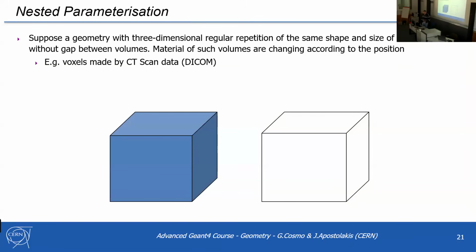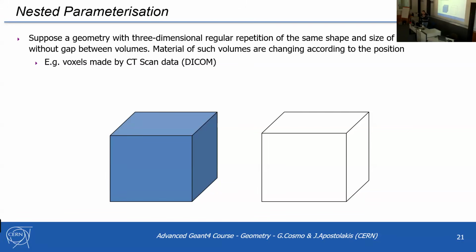So now, coming back to parameterizations, one particular construct that Geant4 provides is a possibility to nest together parameterizations. So suppose you have a geometry with, like I said before, a three-dimensional regular repetition of boxes of the same shape and size, and you have a material map of such volume that changes according to the position, like in a phantom.